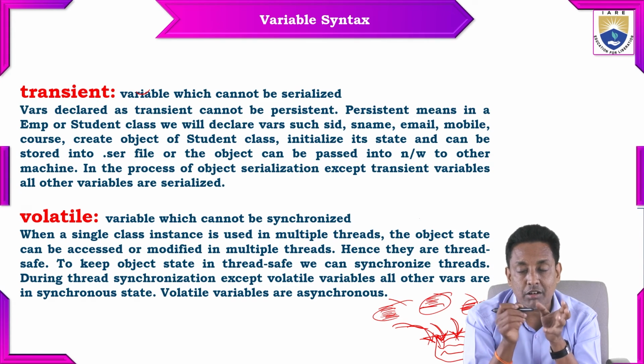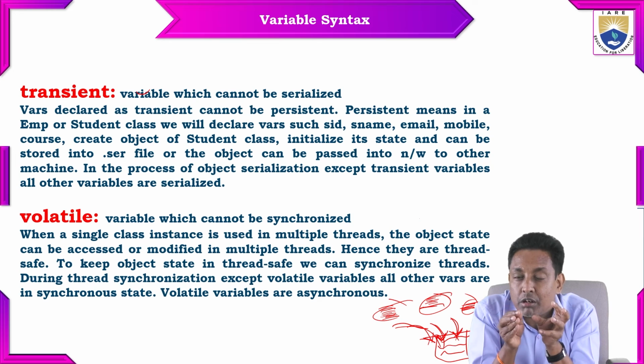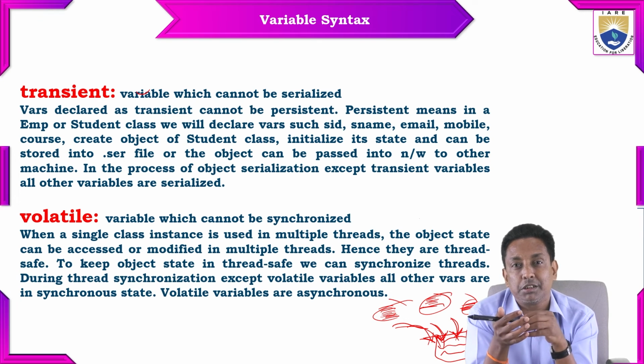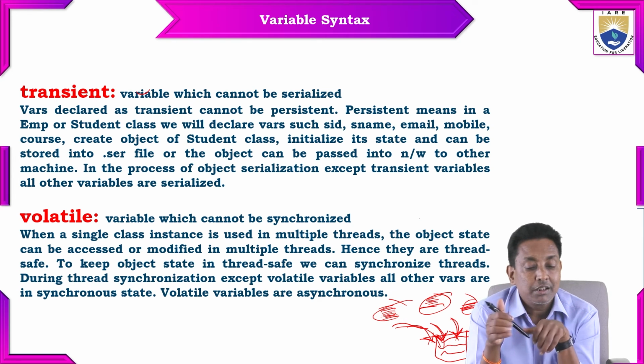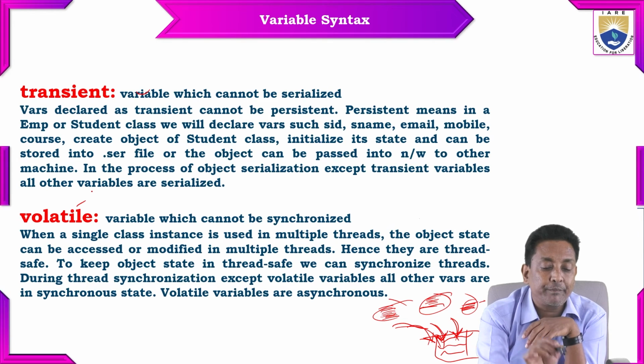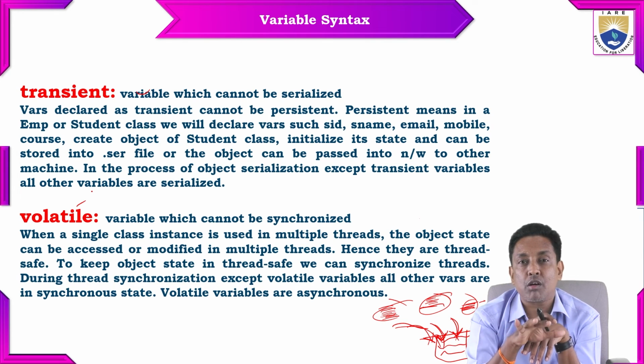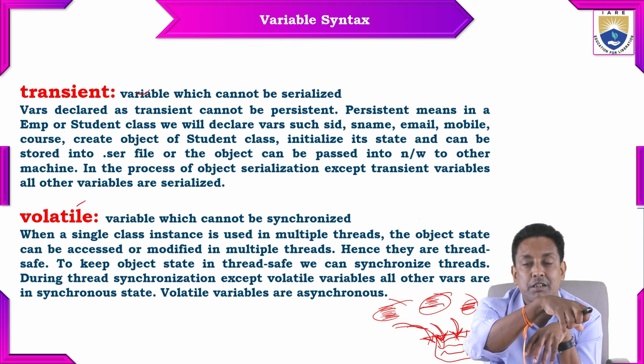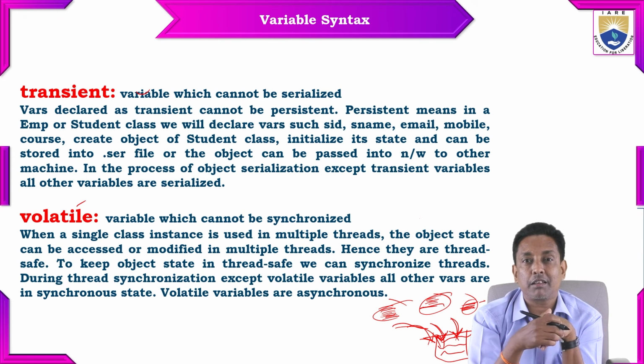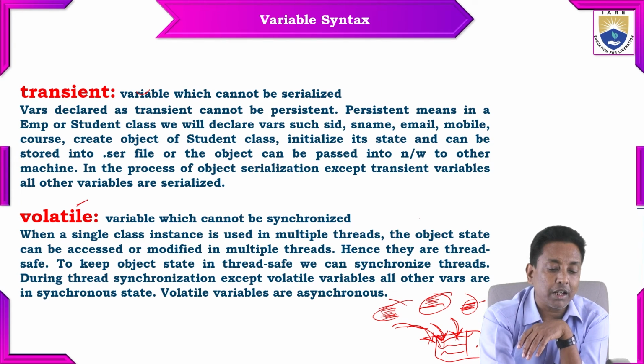But in thread synchronization, whichever variables do not want to be affected by the synchronization are declared as volatile. Variables which do not want to participate in object synchronization in multi-threading are declared as volatile.